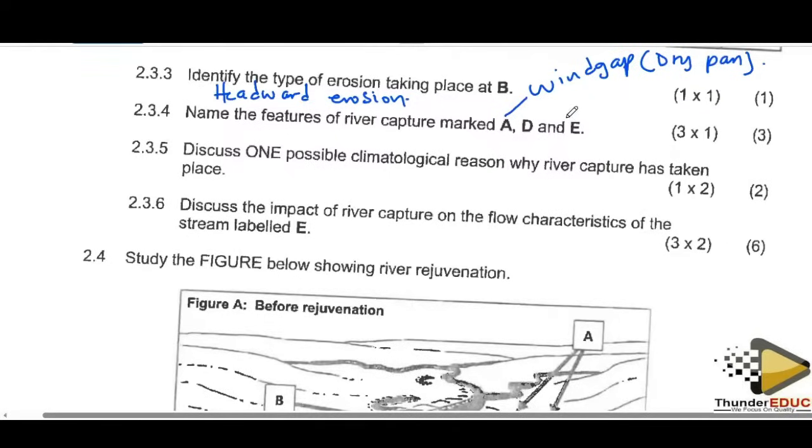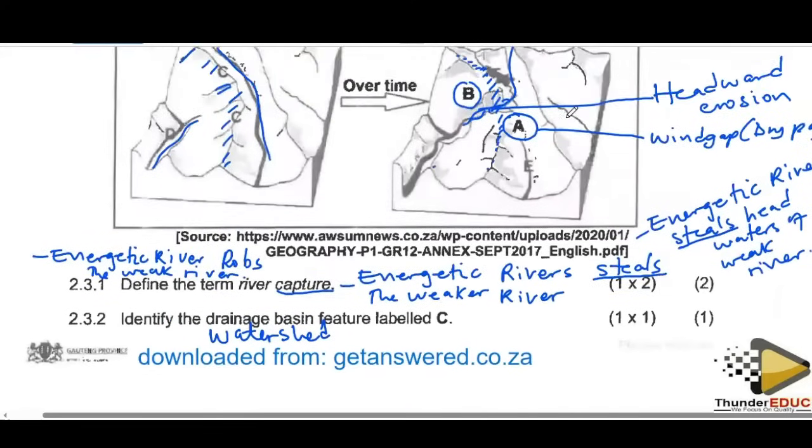Then we go to feature D. This is feature D. This other side before the capture, which is the capture stream. Why we say the capture stream? Because it was this river which was able to erode through the watershed. Then it was able to intercept this other stream. That's why we refer to it as the capture stream.